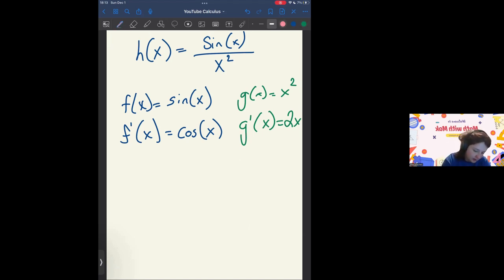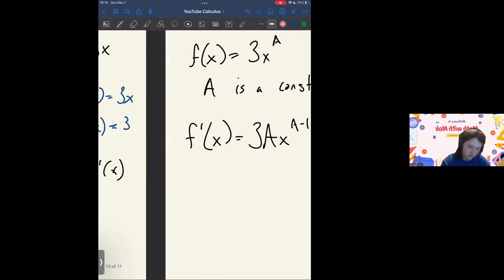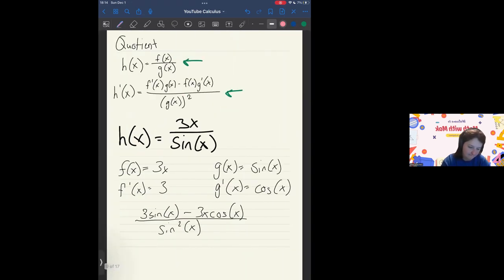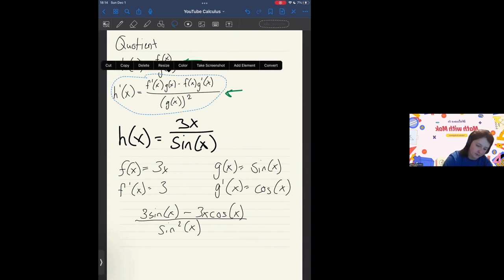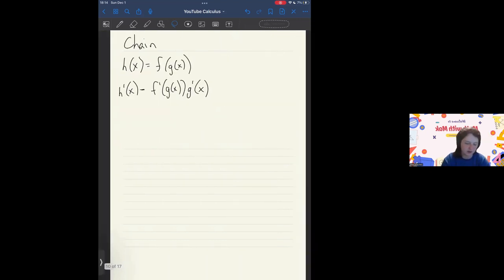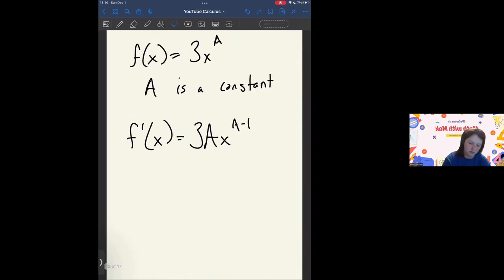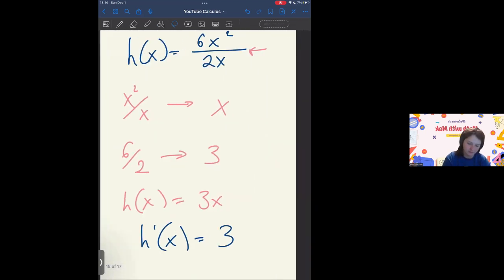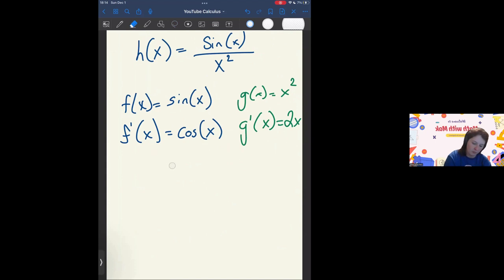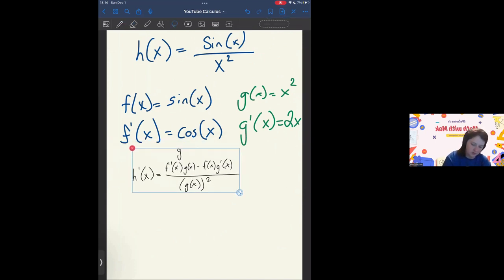Because it was h prime of x is, I'm just going to take it with me so that we're writing it. There we go. So it's f prime first.